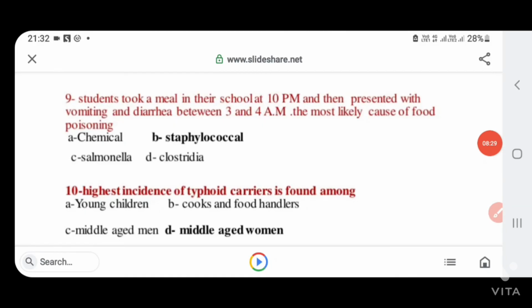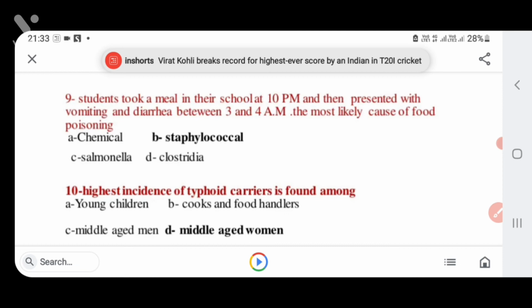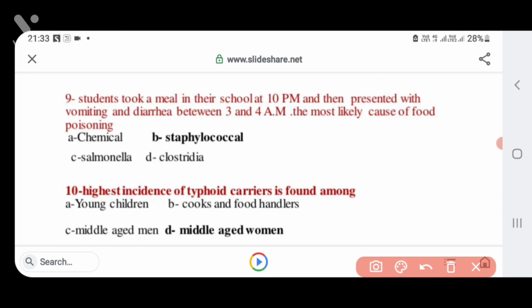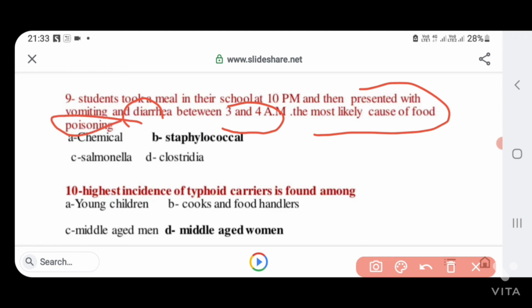Here we will discuss a question: students took a meal in their school at 10 p.m. and then presented with symptoms like vomiting and diarrhea between 3 and 4 a.m. The most likely cause of food poisoning is what? Staphylococcal. Because you see, if food is contaminated with chemical, then the reaction will be sudden, immediate.